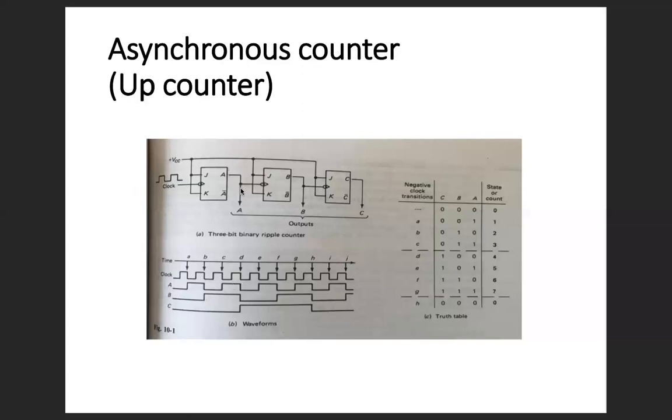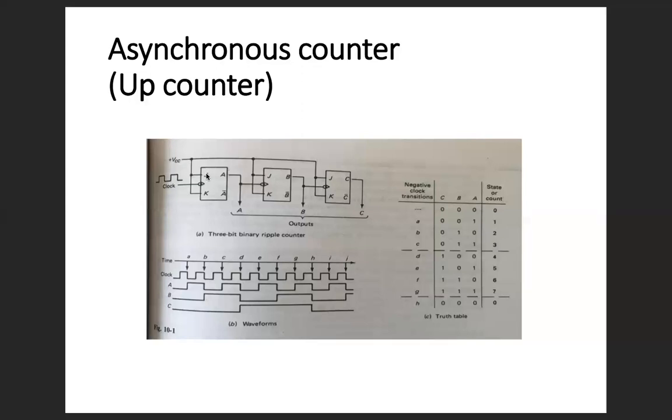Now if you look out here, your J and K is connected to VCC, which means high. In case of a flip-flop, you have two inputs, either plus 5 volt or 0 volt. Plus 5 volt is represented as 1 in binary number, and 0 volt is 0. But here the input is given plus VCC.